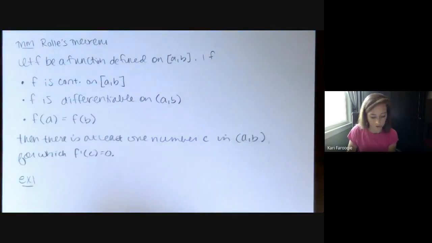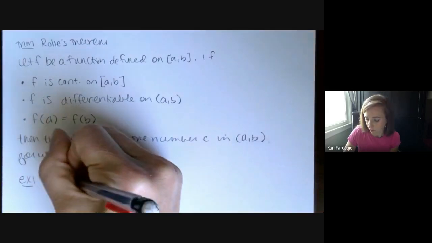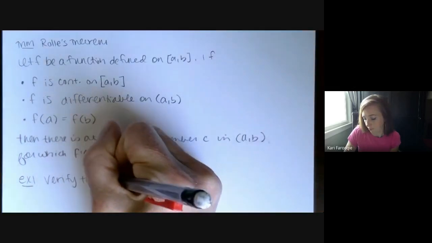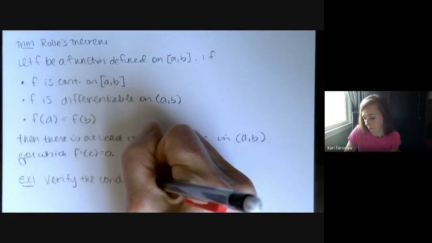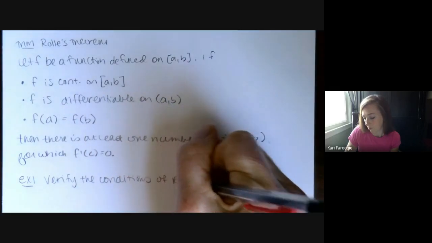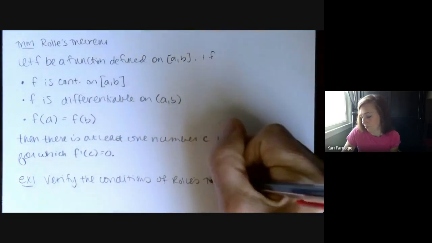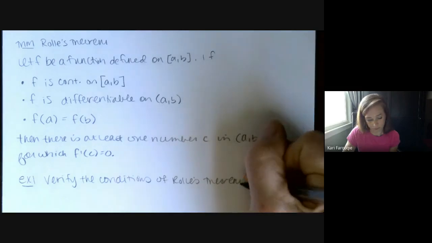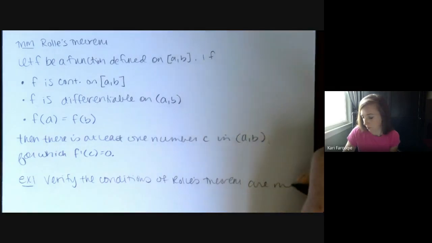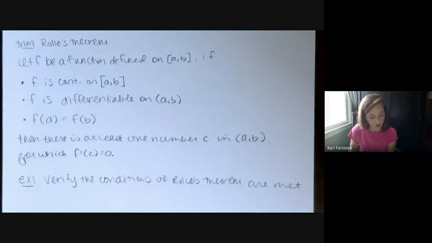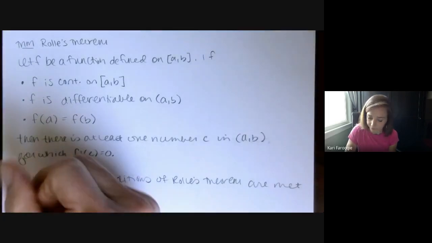So example 1, verify the conditions of the theorem. So we're going to verify that these conditions are met, and then we're going to find all values of c that satisfy the theorem.